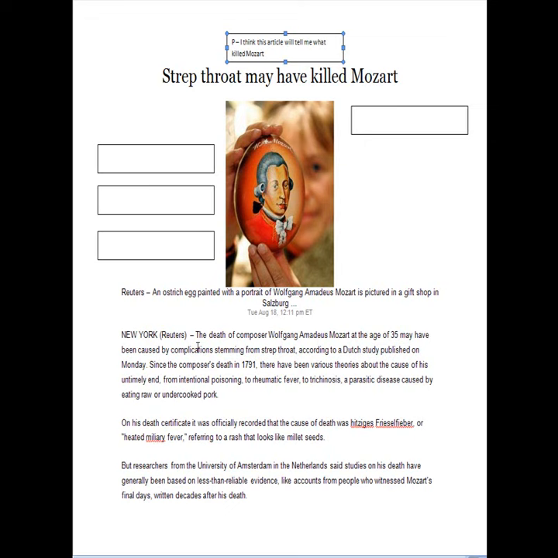Since the composer's death in 1791, there have been various theories about the cause of his untimely end, from intentional poisoning to rheumatic fever to tuberculosis or trichinosis, a parasitic disease caused by eating raw or uncooked pork.